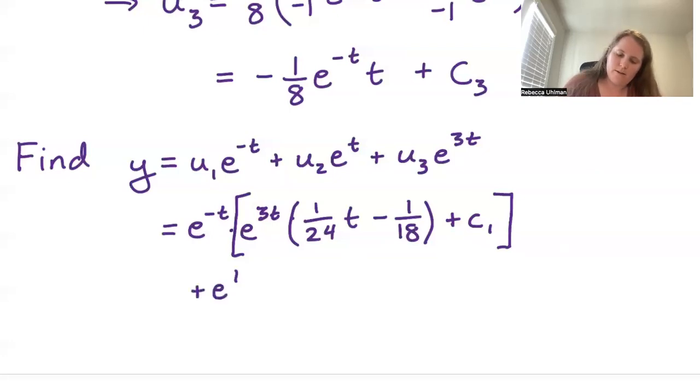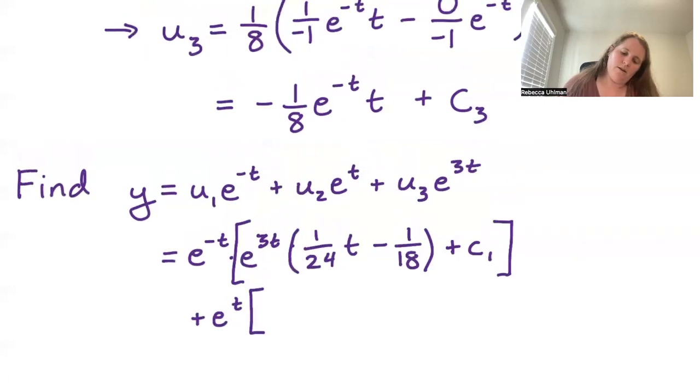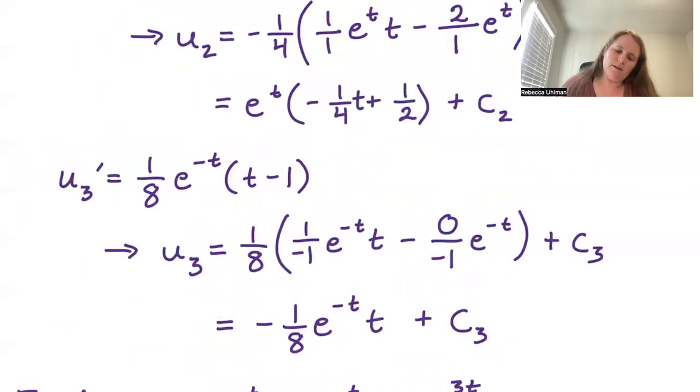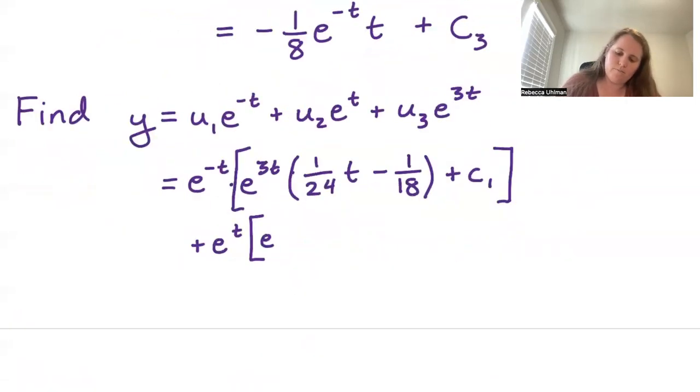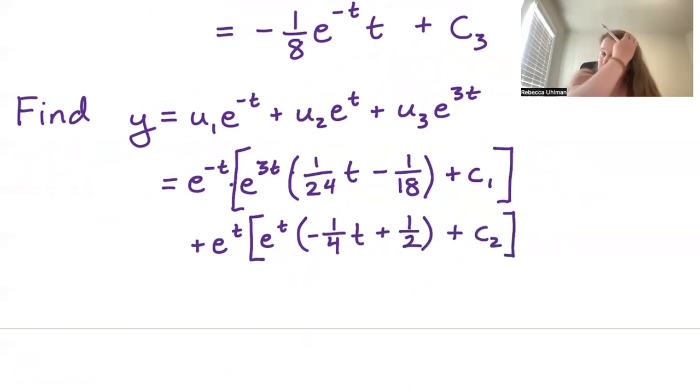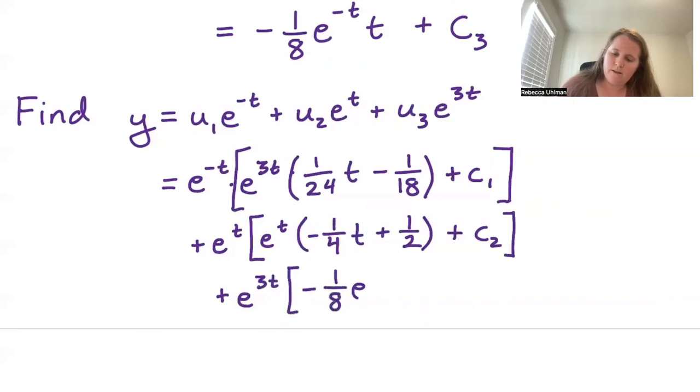Then we have plus e to the t times our u2, e to the t times -1/4 t plus 1/2. And then plus c2, that e to the t is also multiplying the plus c2. Then we have plus e to the 3t times -1/8 e to the -t times t plus c3.